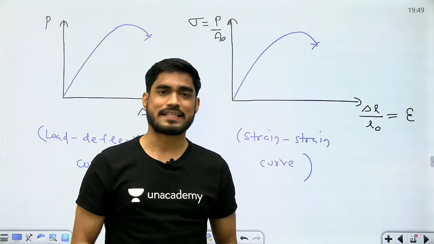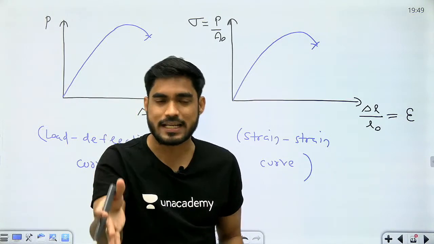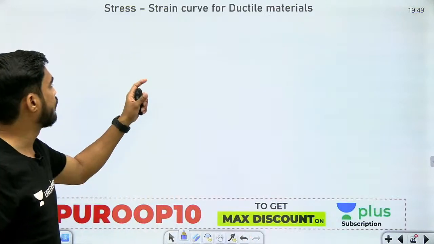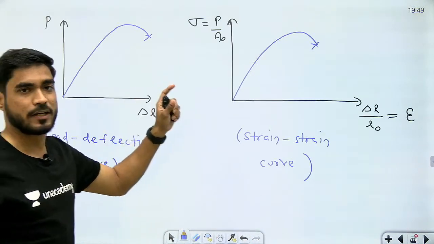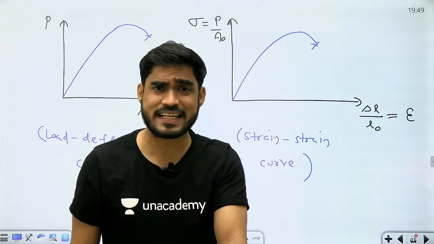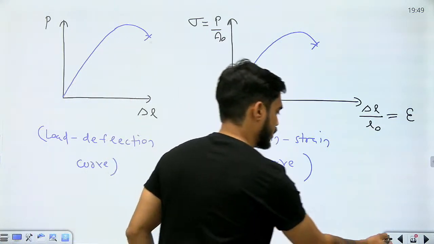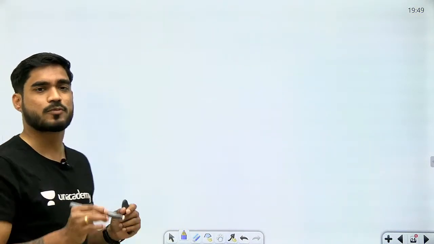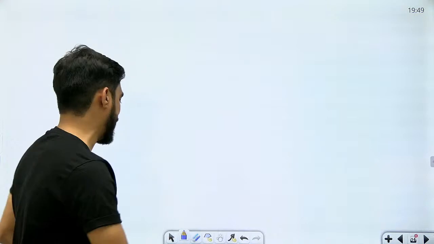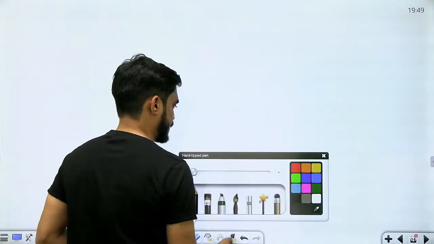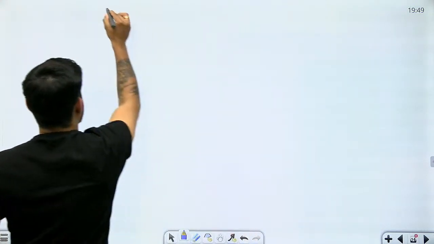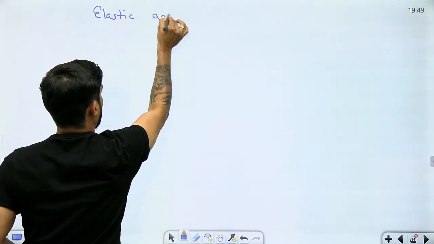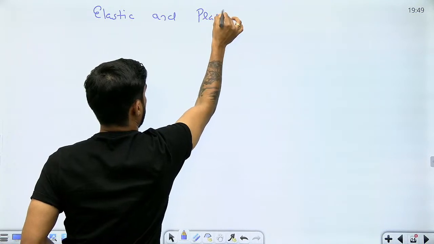Now in order to understand what is the difference between ductile and brittle material, first you need to understand the difference between elastic deformation and plastic deformation. Okay, so let me explain the difference between elastic and plastic deformation. सबसे पहले तो मैं आपको समझा देता हूं what is the difference between elastic and plastic deformation.